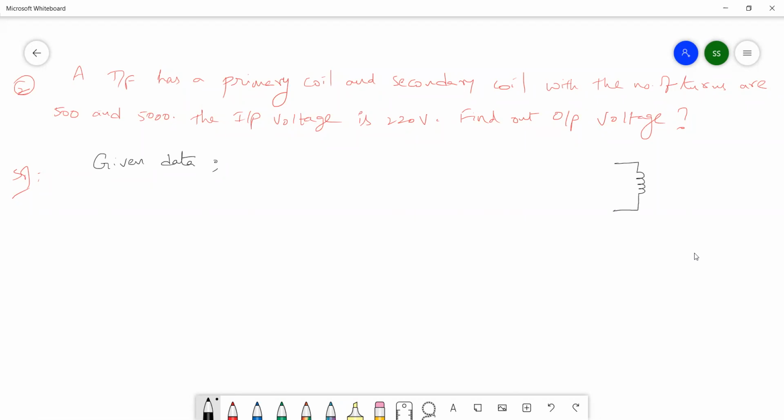N1 500, sir, N2 5000. Very good. So immediately we need to draw the circuit. N1, N2. And the given input voltage, how much? 220. And we need to calculate output voltage.